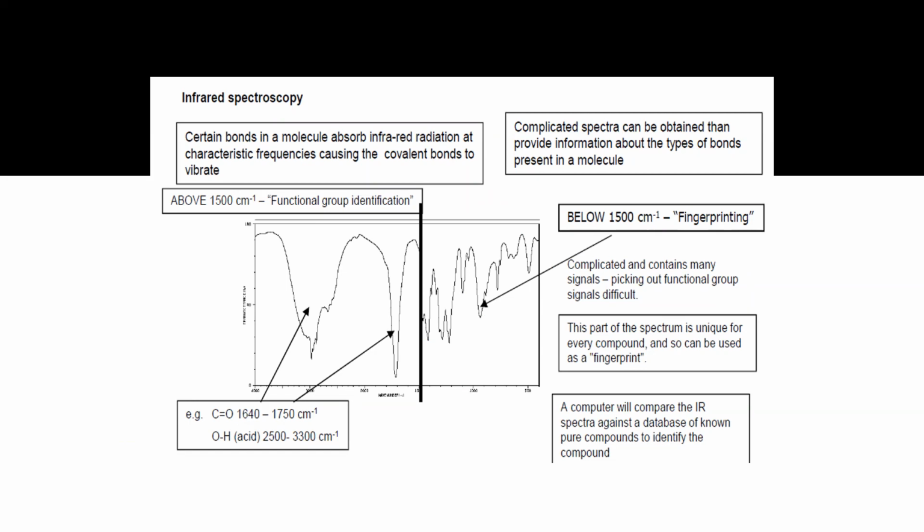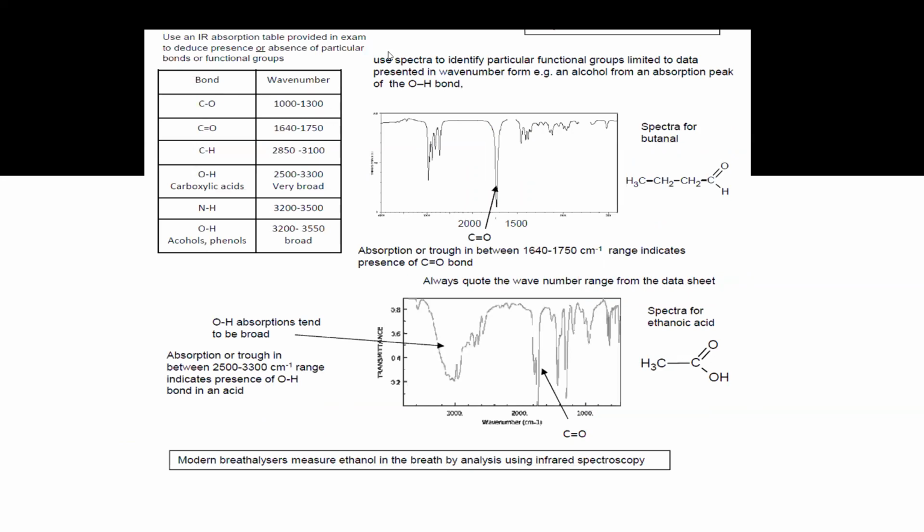But normally, we have to identify the type of the bond. These are the ranges given. If a CO bond is there, it will absorb from 1000 to 1300. C double bonded with O, 1640 to 1750. CH, OH, NH, and OH of phenol and alcohol have this range.